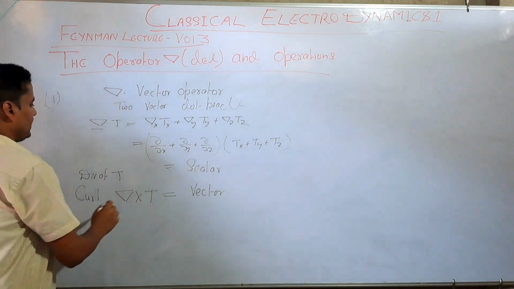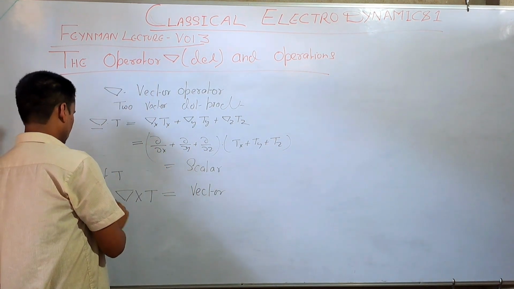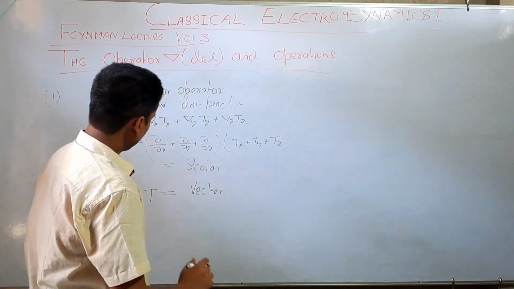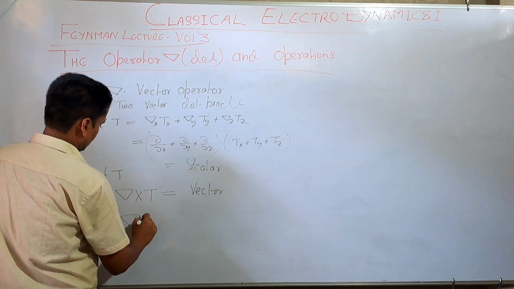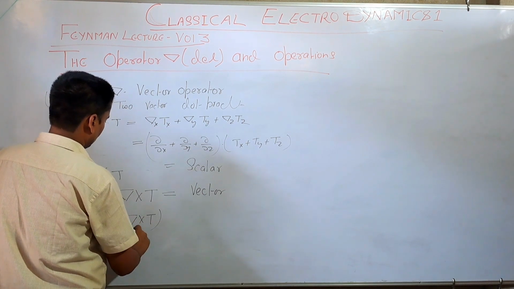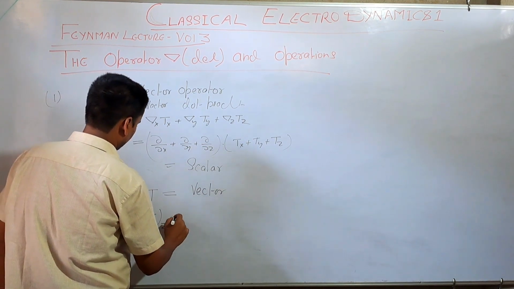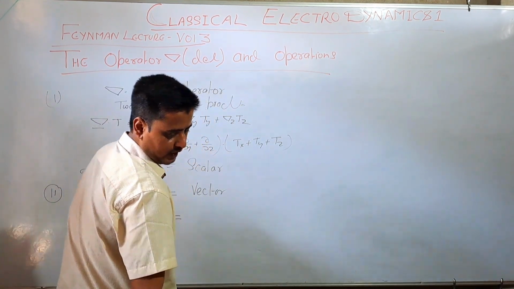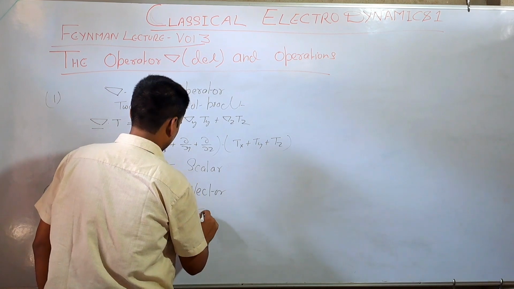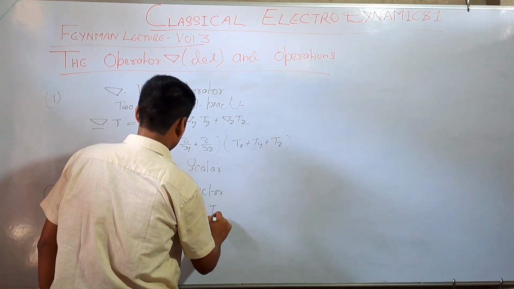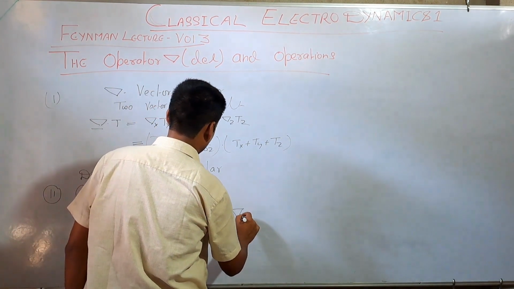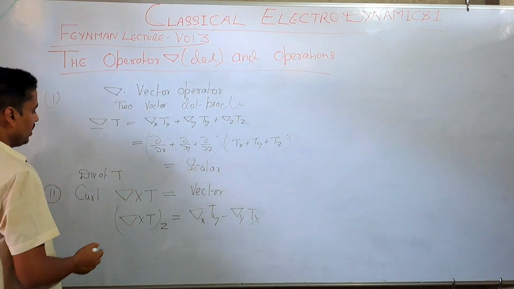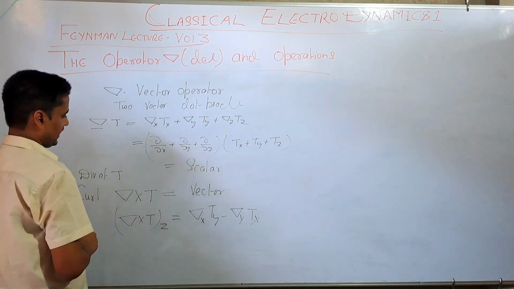So curl of T is a vector, and the component of curl of T in the z direction is del x Ty minus del y Tx. This is the component of curl of T in the z direction.